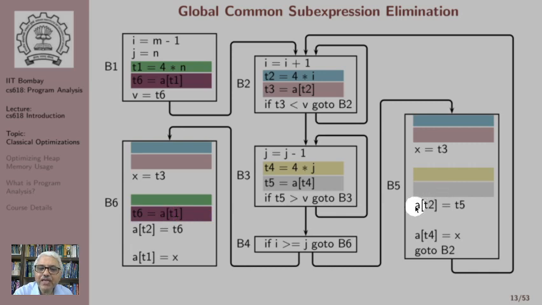So we have A of T2 here, and at compile time we cannot say that T1 is not equal to T2, and therefore this is not treated as common subexpression elimination. Which brings us to an important point. In most cases, it is easier to perform analysis of scalar variables than analysis of aggregates such as arrays.